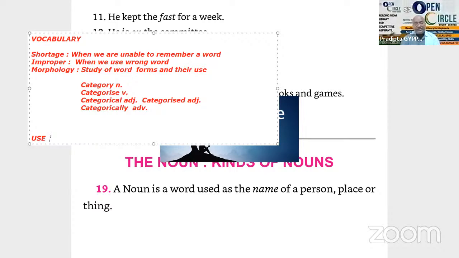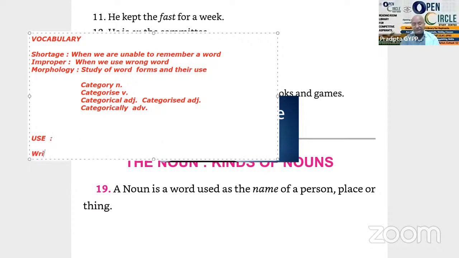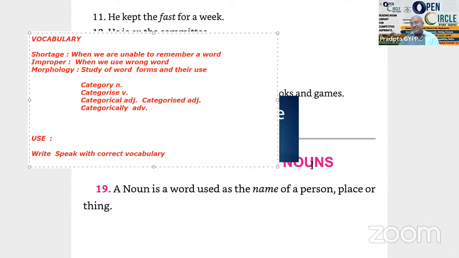When I say use, it means I should be able to write and speak with correct vocabulary. सही शब्द का प्रयोग करके मैं बोल या लिख सकूं, इसे हम यूजस एबिलिटी कहते हैं. ये भी हमारे बीच में कभी कभी नहीं रहता. चलो कोशिश करते हैं समझने के लिए with some example. I will try to pick up Archie this time.